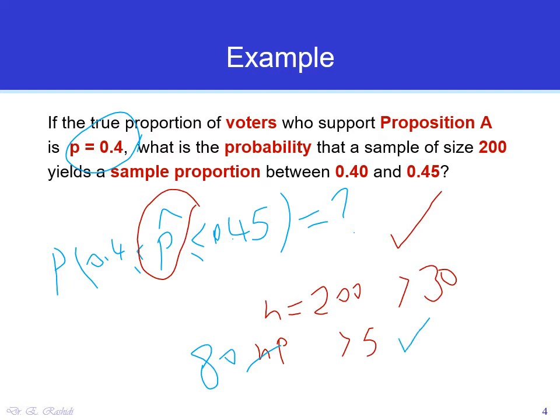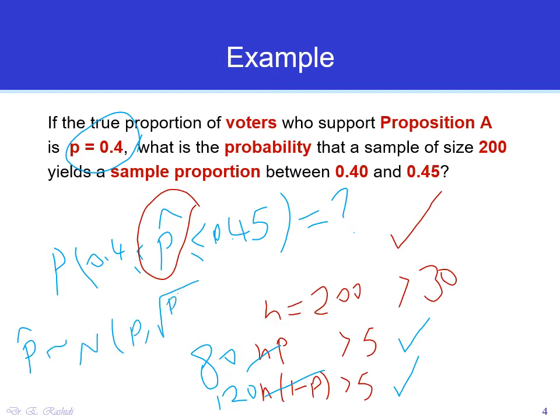So this also holds true. N multiplied by 1 minus P also must be greater than 5. 200 multiplied by 1 minus 0.4, which is 0.6, that's 120. And 120 is greater than 5. So all three conditions hold true. That means that P hat follows a normal distribution with an average of P and a standard deviation of the square root of P times 1 minus P over N.